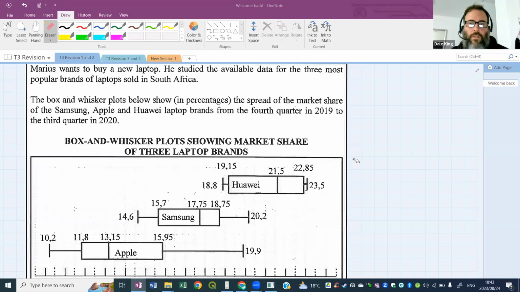It's been a while since I've heard her voice. Where's Katlejo? I think that's Katlejo. Who knows about market share? Come on, Katlejo.